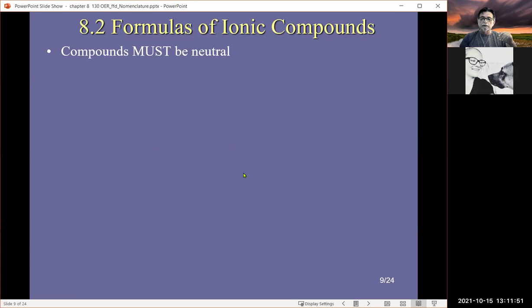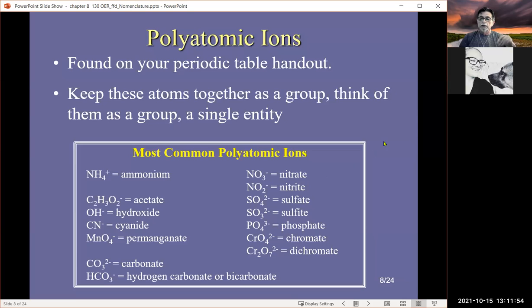If we look at, say, nitrate, it's a unit packet that comes with its own specific name. You might be tempted to call it nitrogen trioxide. Don't do that. This is an ion made up of covalent compounds, and it has an overall charge.